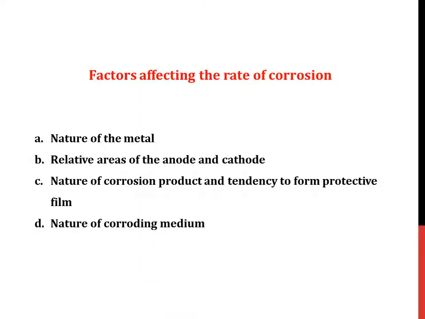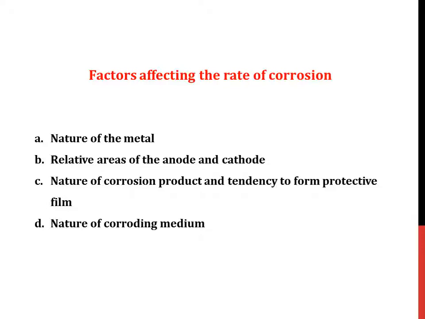Next is the factors affecting the rate of corrosion. How is the rate of corrosion influenced by various factors? Mainly it is influenced by the nature of the metal and some environmental factors.